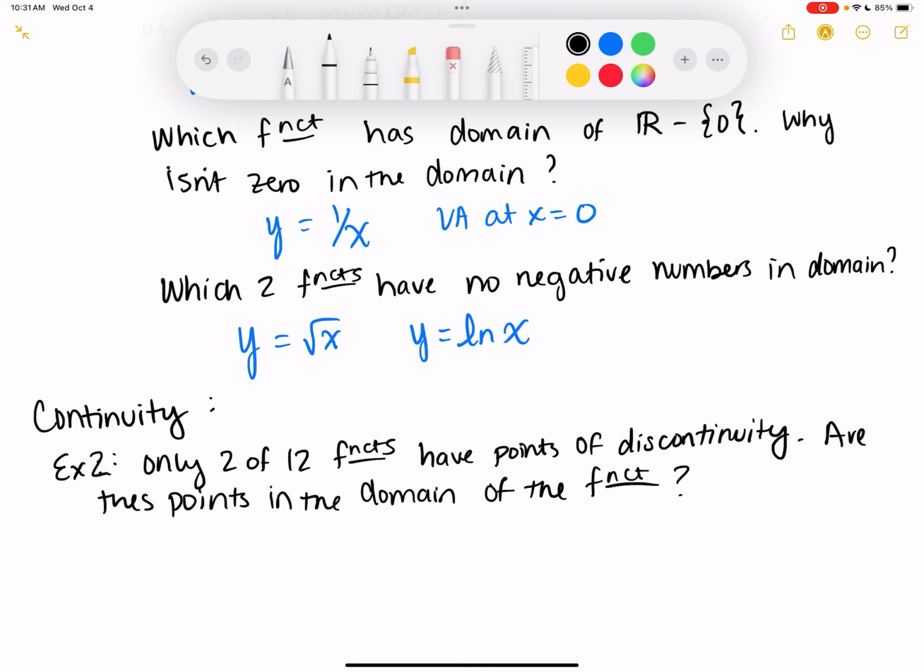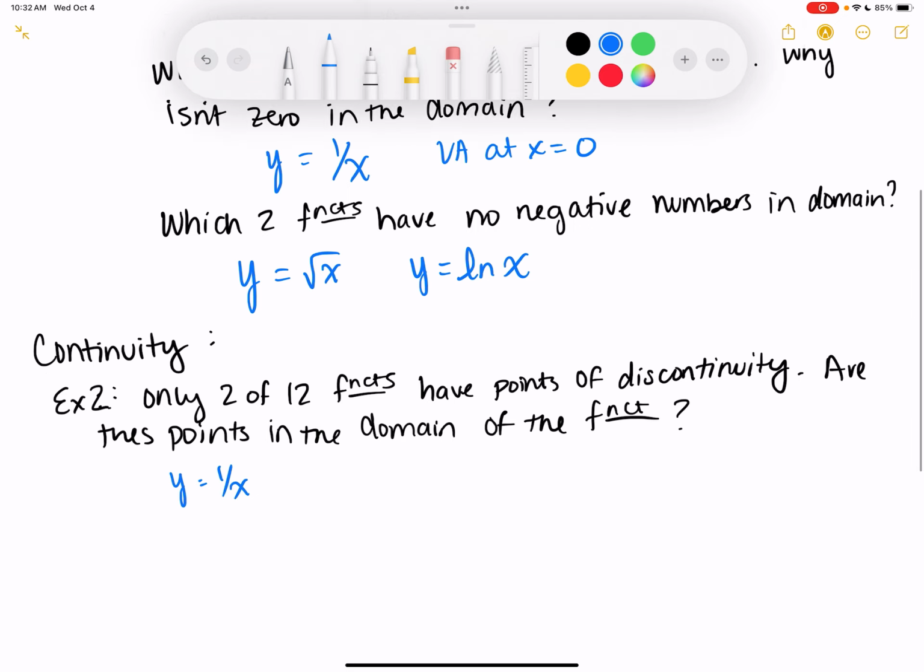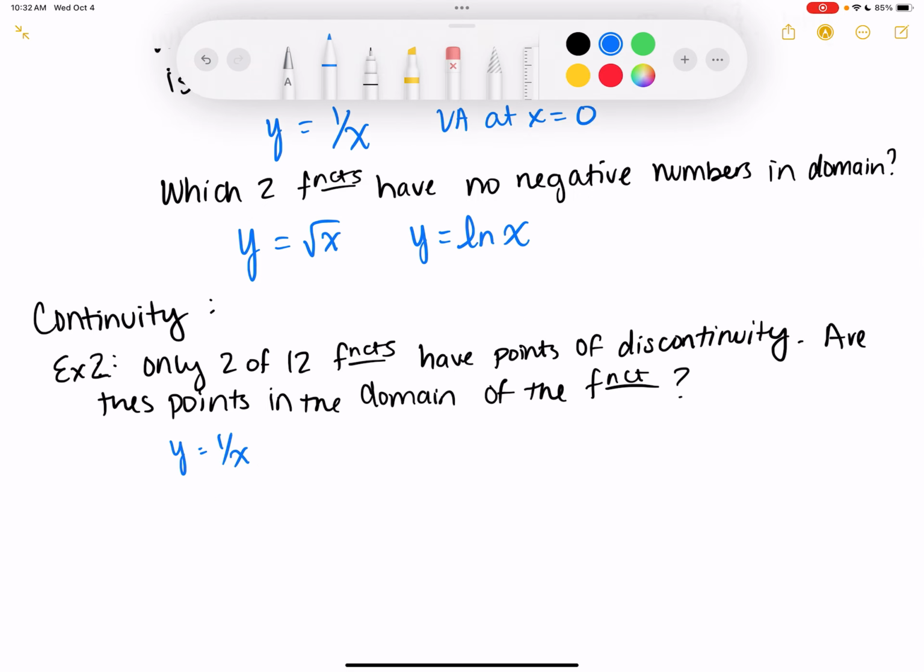What does it mean if they're in the domain? So one of them is going to be 1 over x, and then I'll let y'all try to figure out the other one. So the first one is y equals 1 over x, and I'm going to write below it the reason, and then I'll do the other one over here. So this one has an infinite discontinuity, because of the way the graph goes.